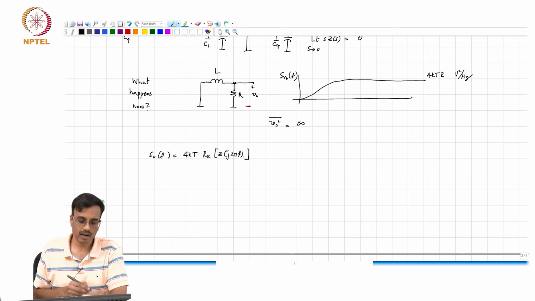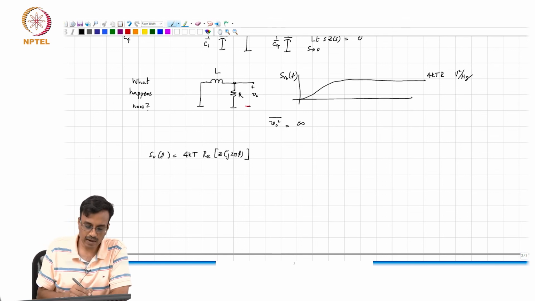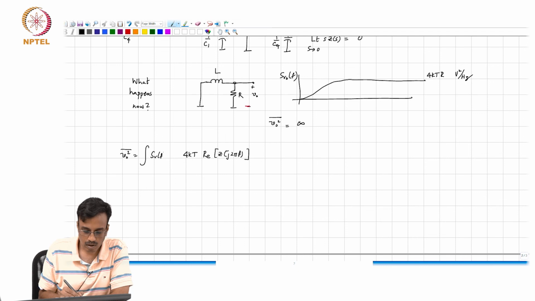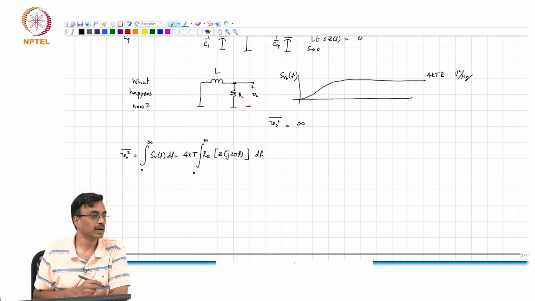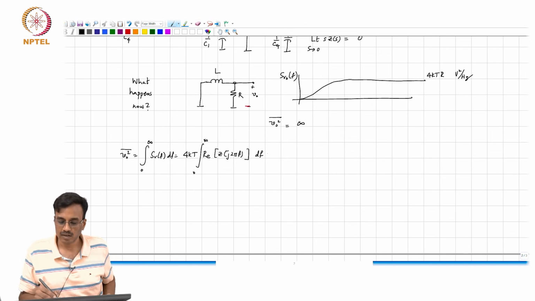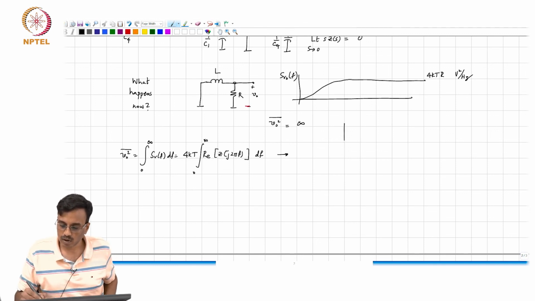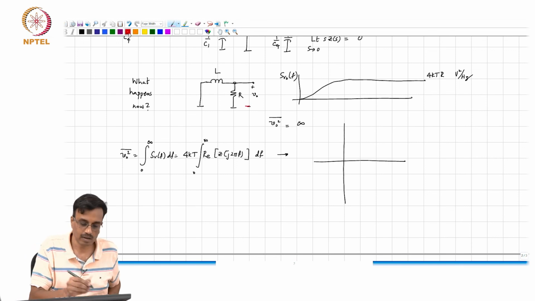And we need to find the integral of S_v of f df from 0 to infinity, and this actually turns out that you can think of it as a contour integral in the z plane.